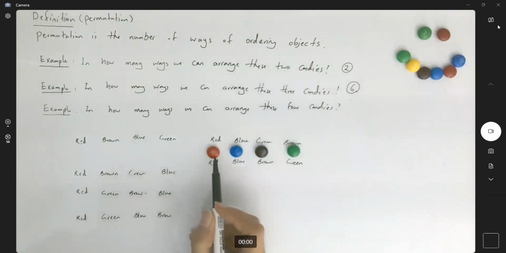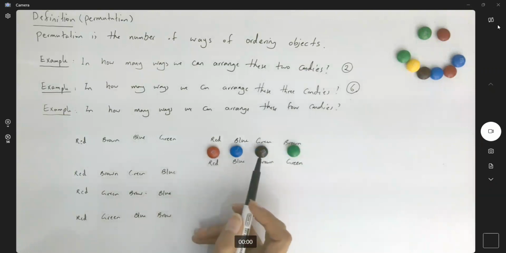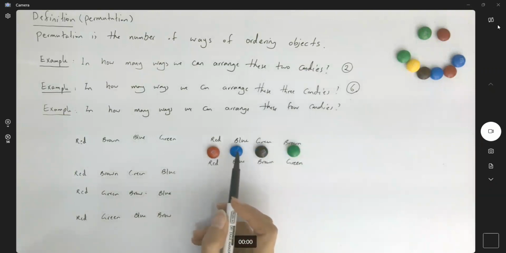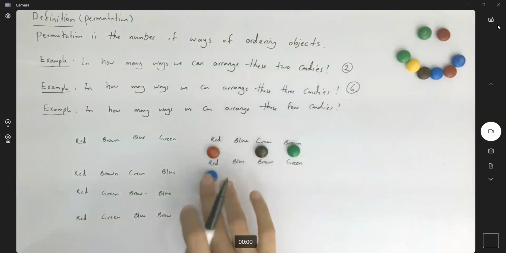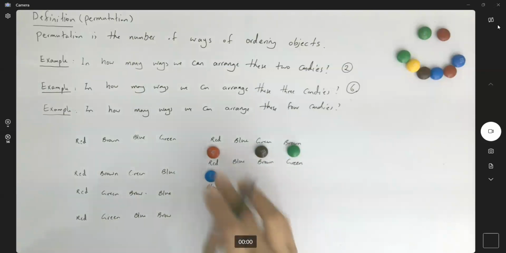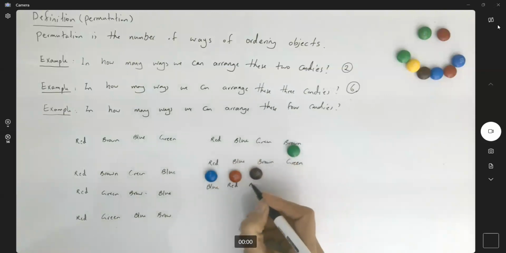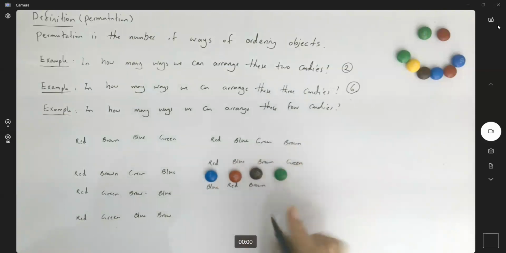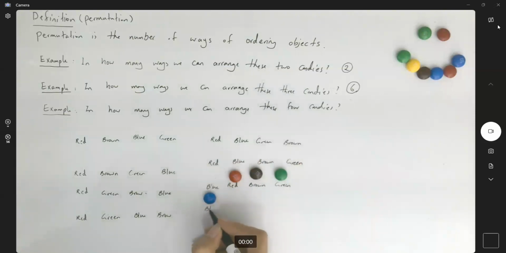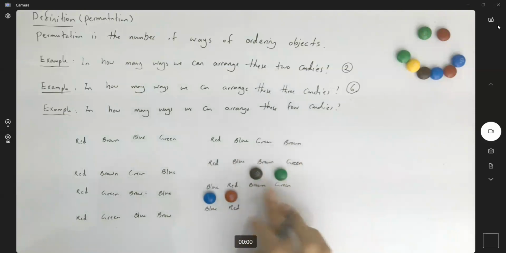It was just for red. So if you start by choosing, for example, blue first, you have the following. Blue comes first. Then you have the red. Then brown. Then green. Okay. Blue comes first. Red. Now you can switch between these two, green and then brown.